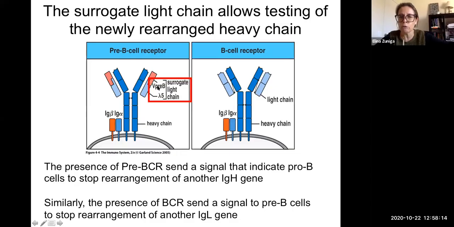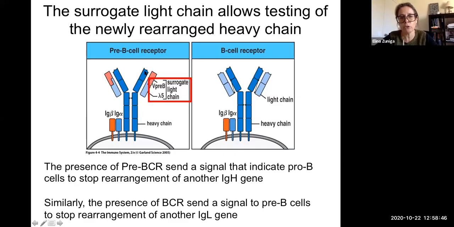Again, don't be confused. These polypeptides that form the surrogate light chain, they are not rearranged, okay? They are just encoded in germline, and they are just serving again to stabilize the constant region of the heavy chain of the developing B cell that has just been rearranged to check for its functionality.